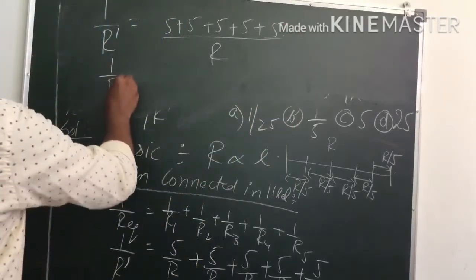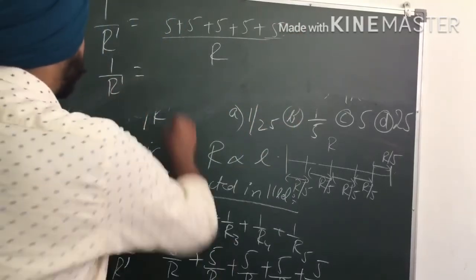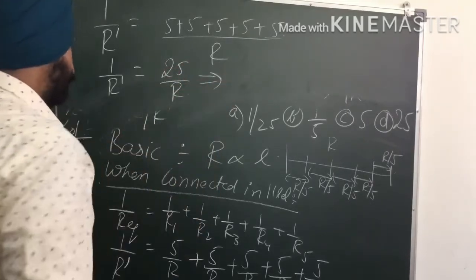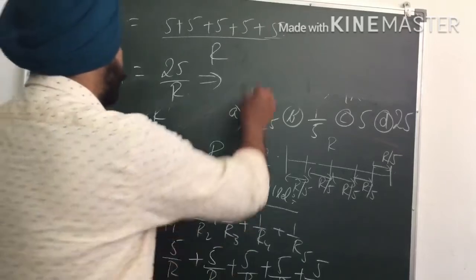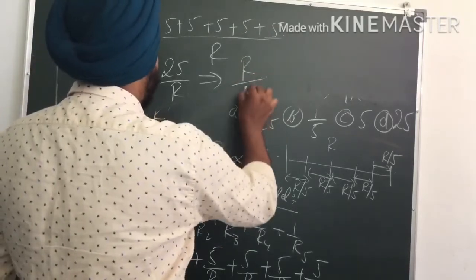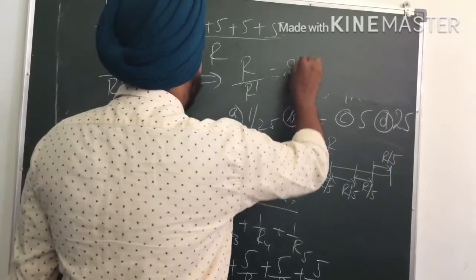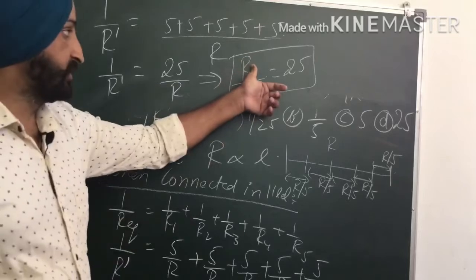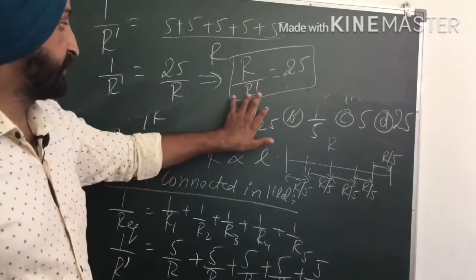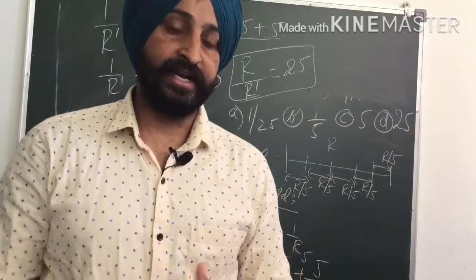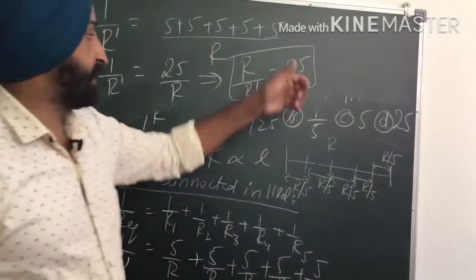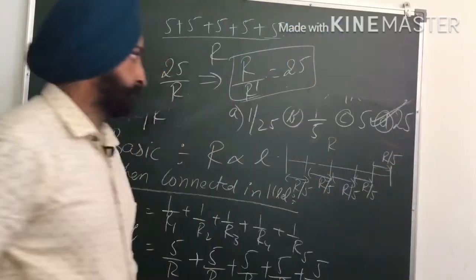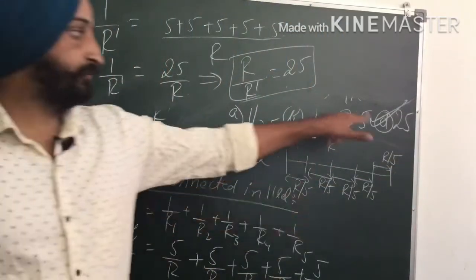So 1 by R dash will be equal to 25 by R, or you can write R by R dash is equal to 25. Fine. So the ratio of the original resistance divided by the resistance of the equivalent circuit when connected in parallel is 25. So our correct option is option number B. So our answer is 25.